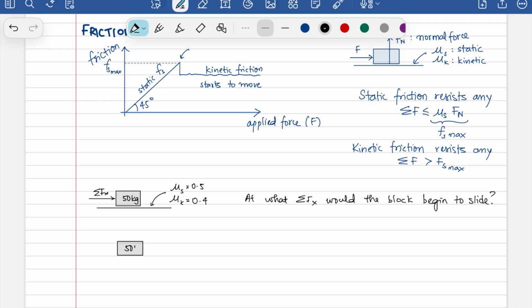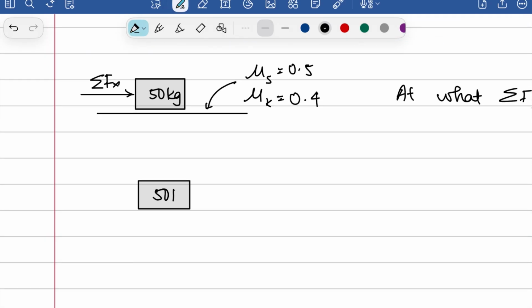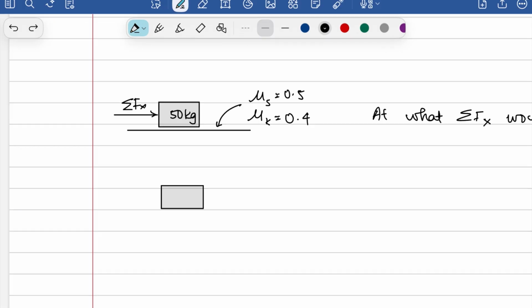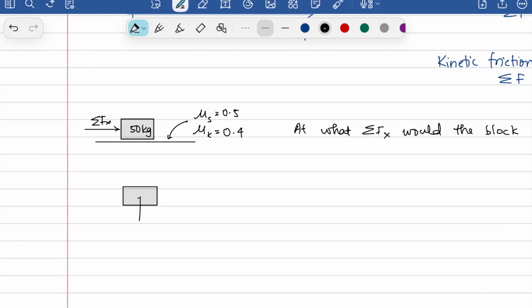You have this 50 kg block. I'm drawing the free body diagram first. So we have 50g acting downwards, and we have Fn acting in this way, and we have sigma Fx acting in this way.